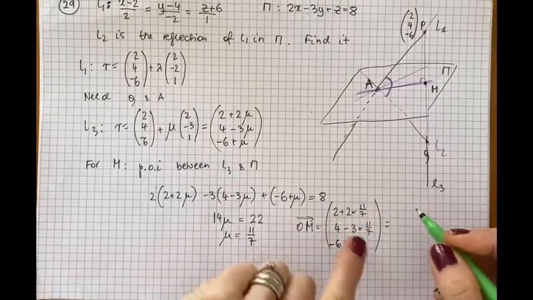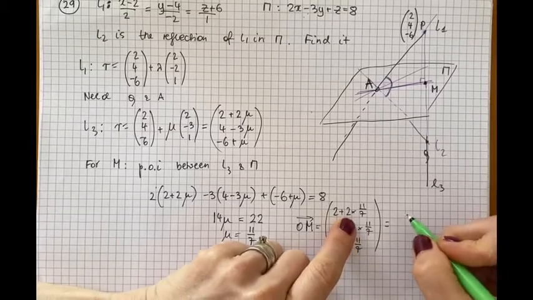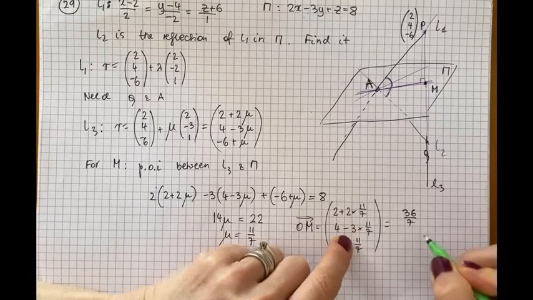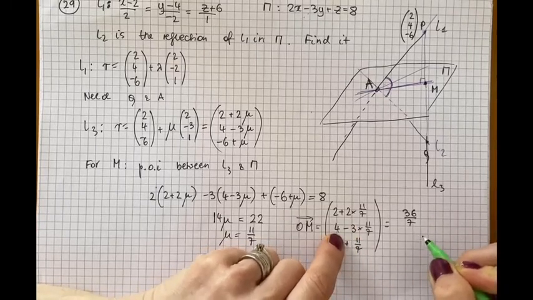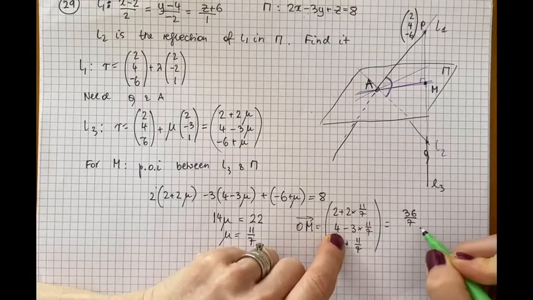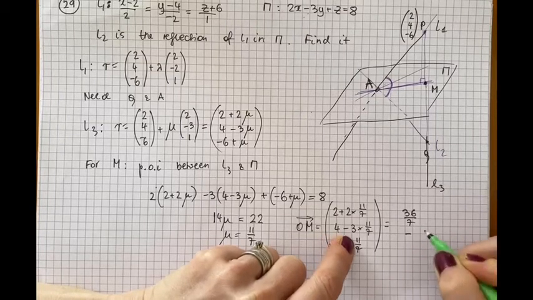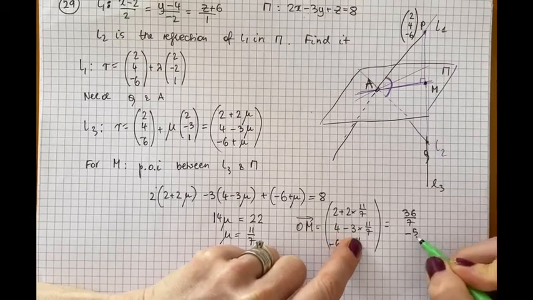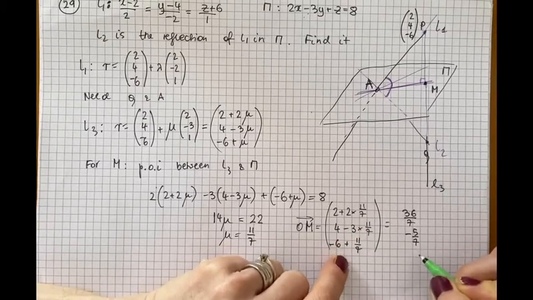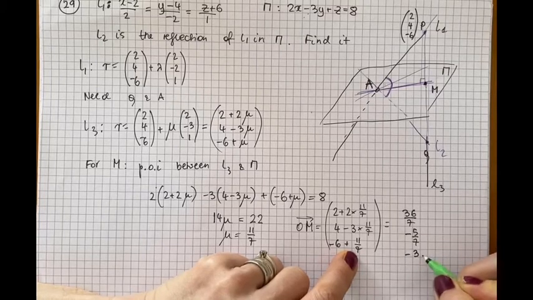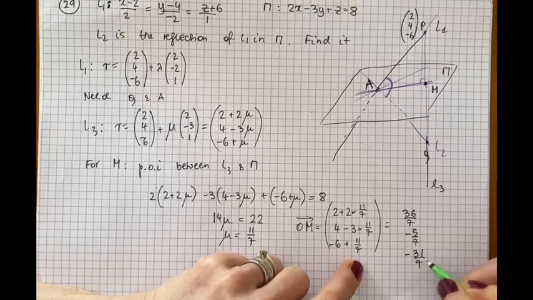So this is going to be 14 plus 22, so it's 36 over 7. This is going to be 28 minus 33, which is minus 5 sevenths. And this is going to be minus 42 plus 11, so it's minus 31 sevenths.